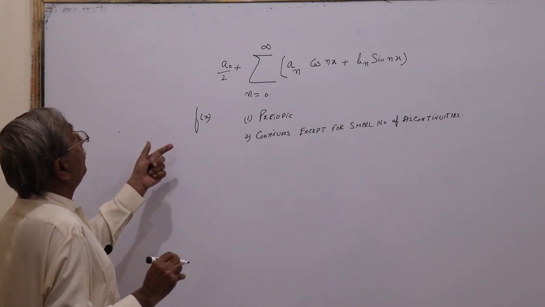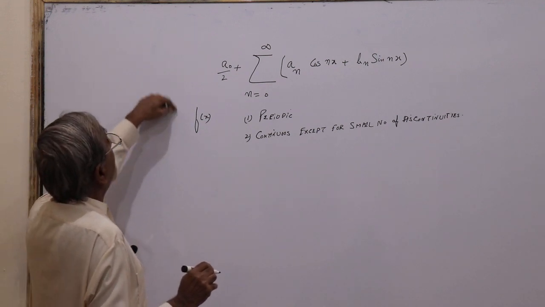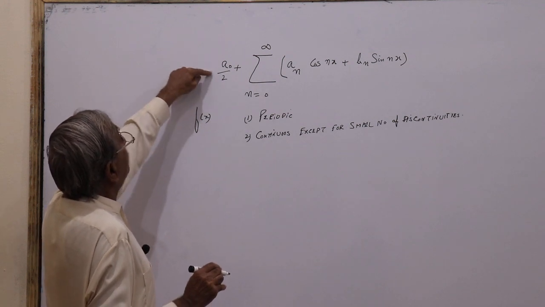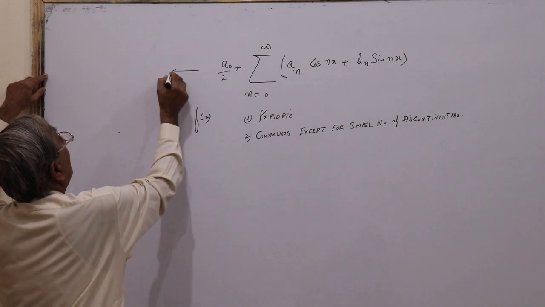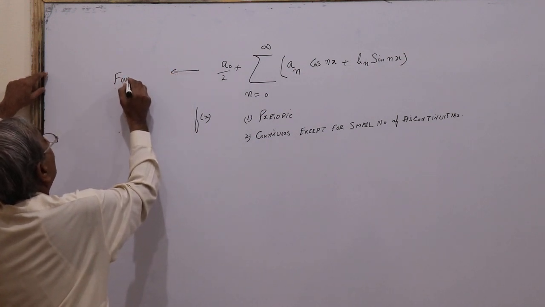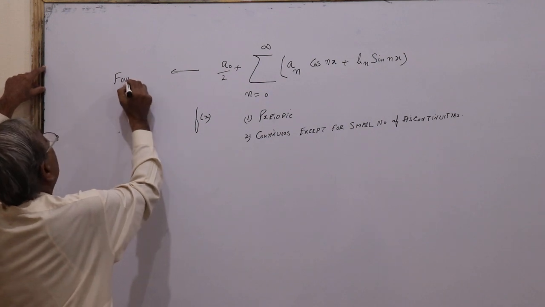If that is so, and you express it in terms of this series, then this series becomes a Fourier series. Otherwise it is a trigonometric series.